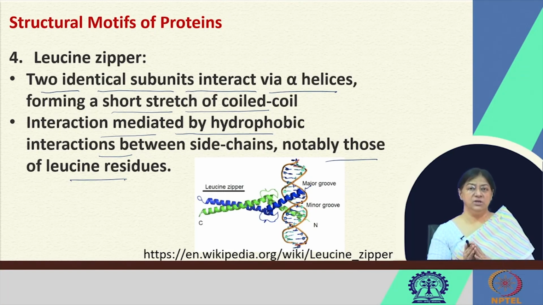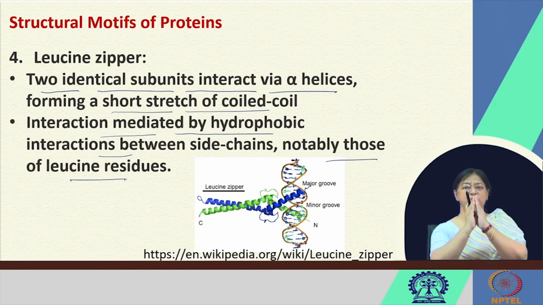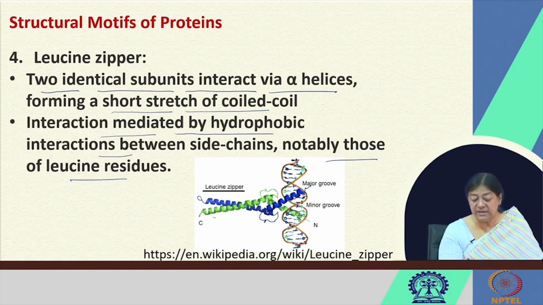It is called a leucine zipper because the leucine residues side by side interact with each other and form a hydrophobic sort of a zip. So, the hydrophobic interactions are extremely important in this leucine zipper, and this is also another common structural motif that is observed in proteins.